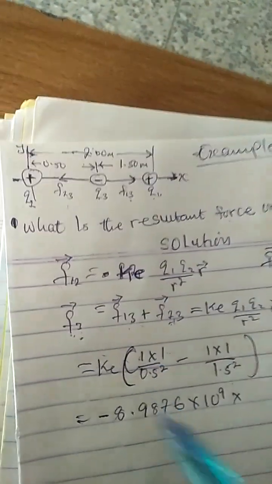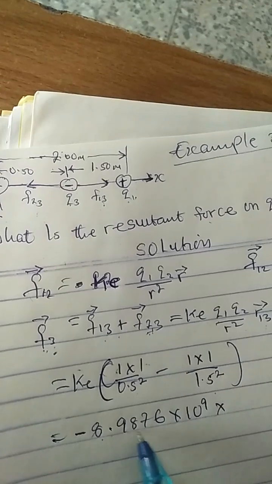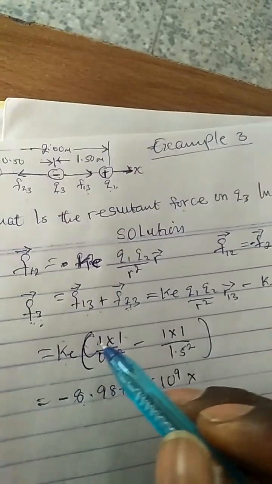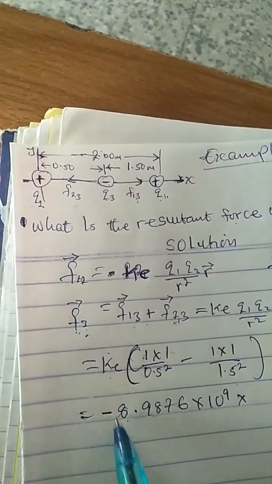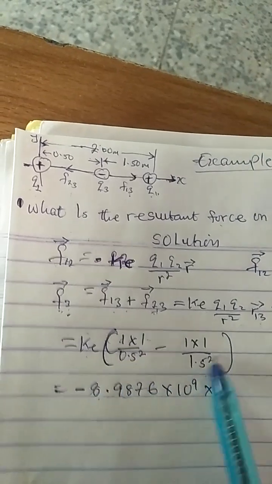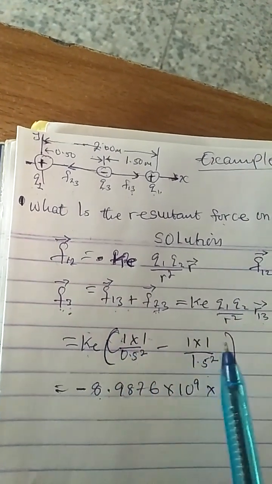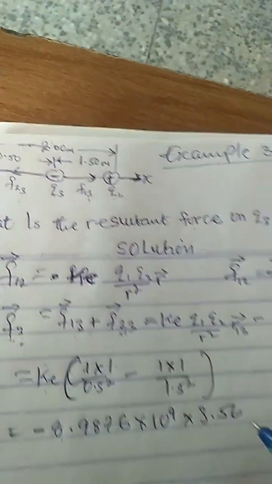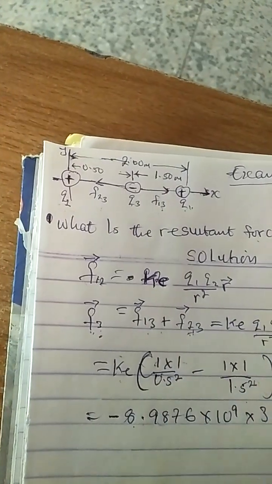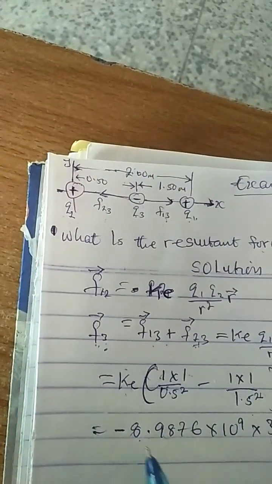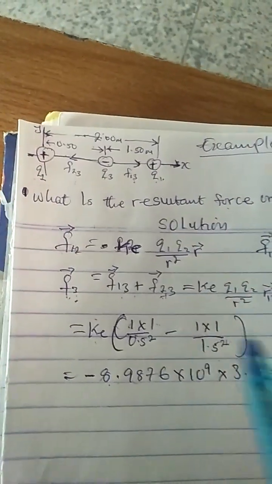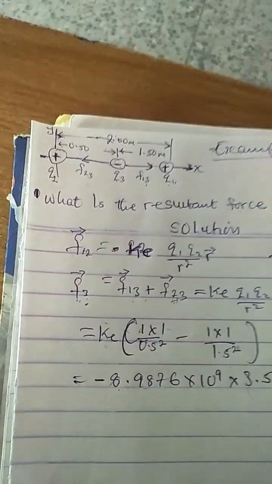Remember, the Ke is the constant, so this whole thing is just the Ke. It is multiplied by this bracket, and if you do the arithmetic very well in this bracket, you're going to have 3.56, while this Ke is 8.9876 times 10 to the power of 9, which I hope is clear. Adding it, because we say it is the vector sum of our forces.